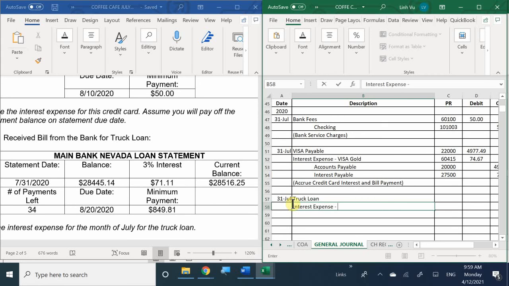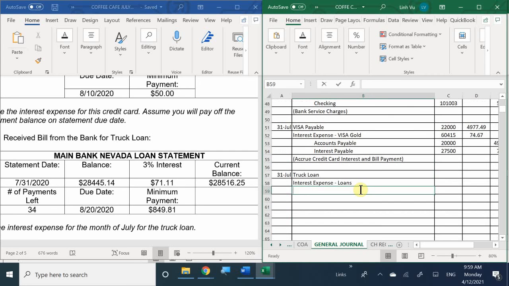And if you look on your chart of accounts, you should have one for loans. Then we're going to recognize that we're going to be owing money, because the bill that we're paying, I just put accounts payable, because we're going to be recognizing how much we owe on the truck loan, but we also need to recognize that we owe money for the interest separately.